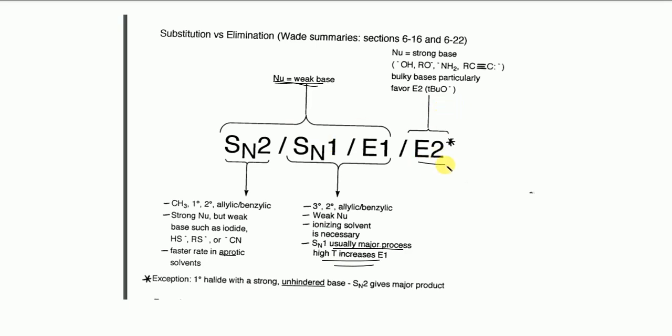And then you have E2. E2 uses strong bases, so you have OH, OR, NH2, and then you have acetylide. And then bulky bases particularly favor E2, because they really can't perform SN2. So really, not at all, right? And then the exception is whenever you have a strong unhindered base, right?